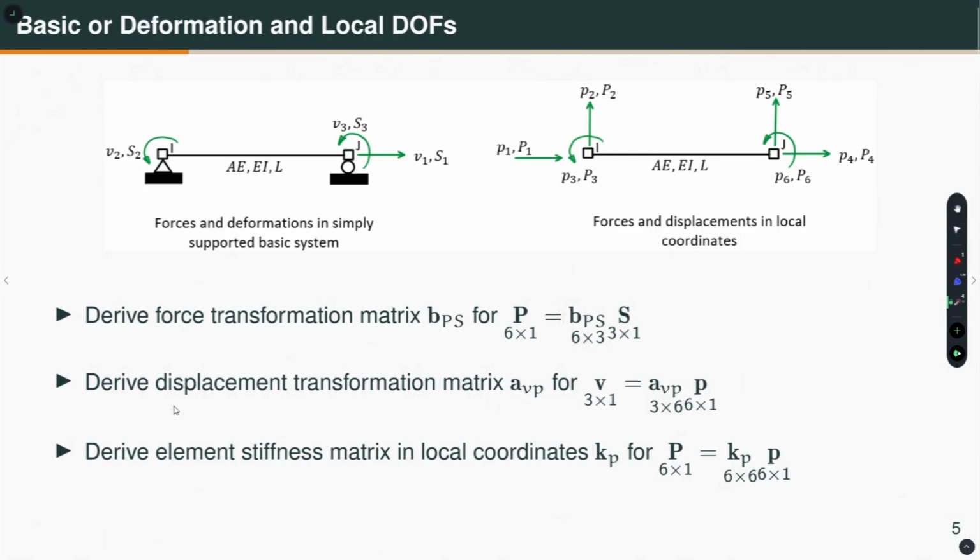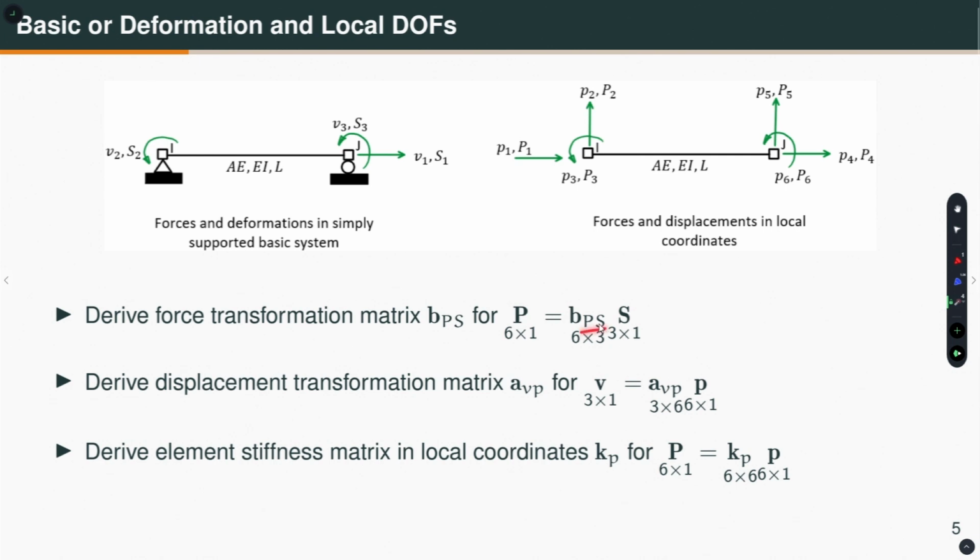Then I will derive the displacement transformation matrix that will transform my local displacements, little p, to the deformations at the basic coordinates through a transformation matrix AVP. So, B is my force transformation matrix, A is my displacement transformation matrix.